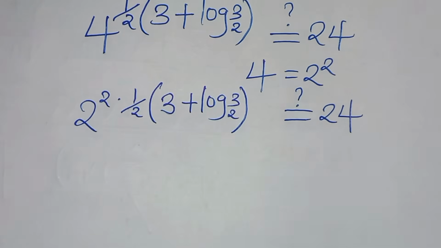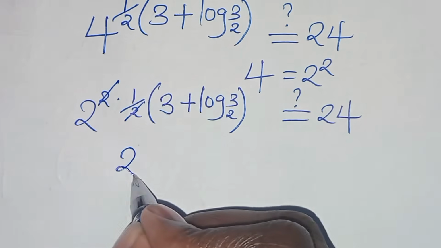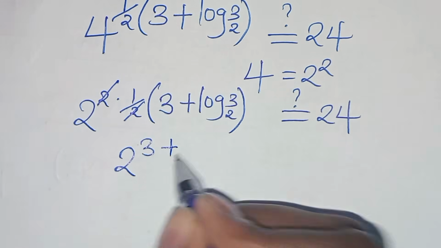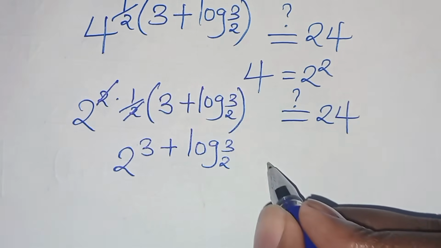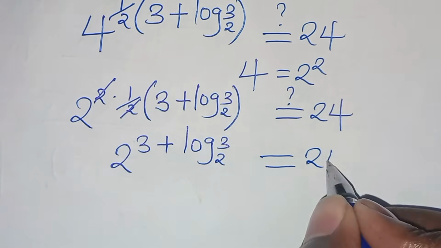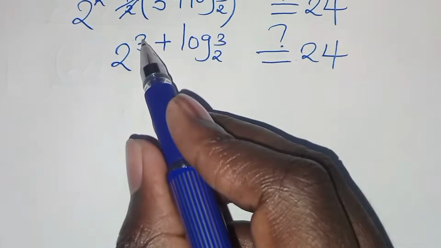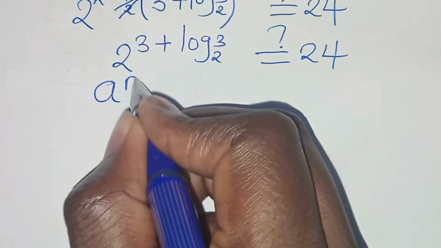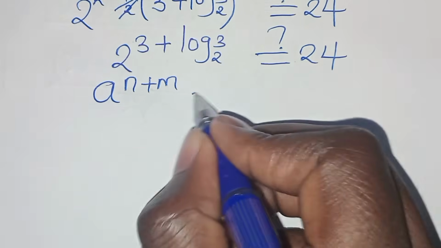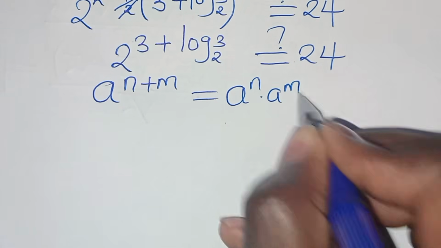The next step from here is that we simplify, so that now we have 2 to the power 3 plus log 3 to base 2. This is supposed to give us a value of 24. This is in the form of a to the power n plus m, which you can express as a to the power n times a to the power m.